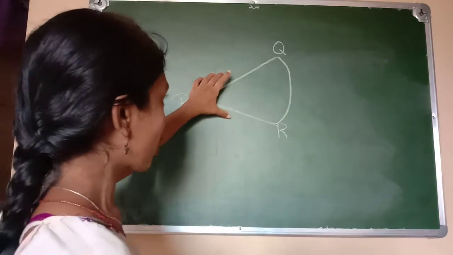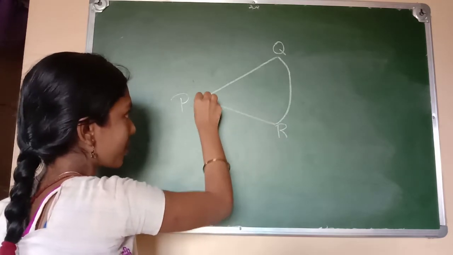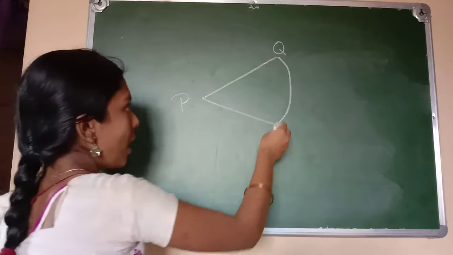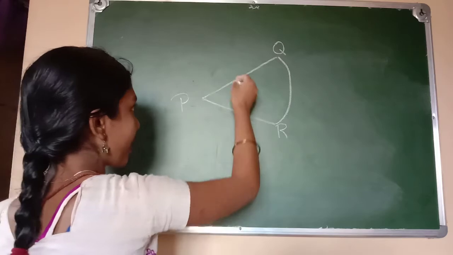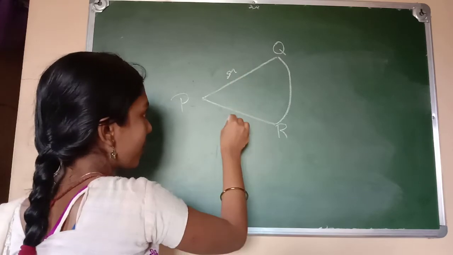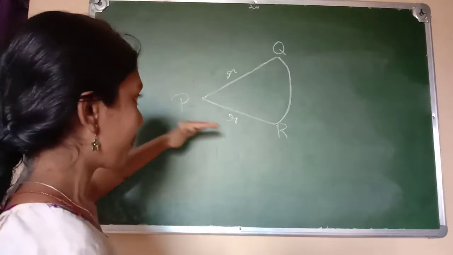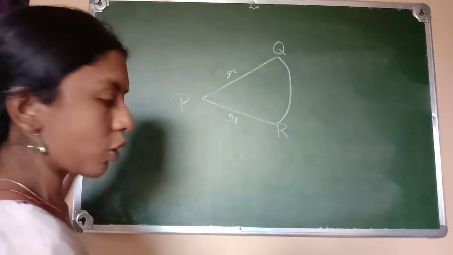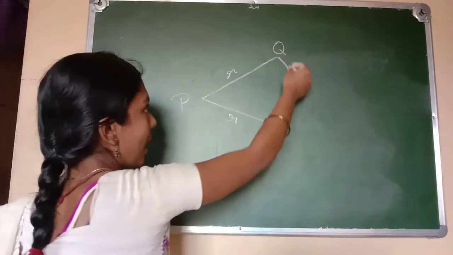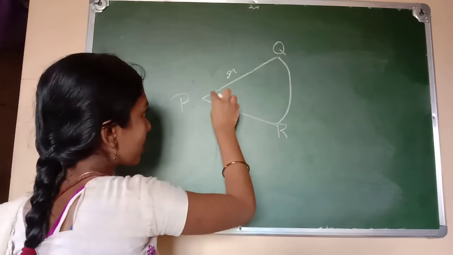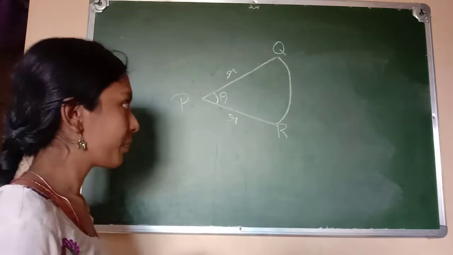This is just one part of the circle. So this is the center of the circle P, and these are the radii. Let me write it as R of the circle. There are 2 different random radii, and you cut away the remaining part of the circle. So what remains with you is this. So here the angle between these two radii, let us say it as theta.